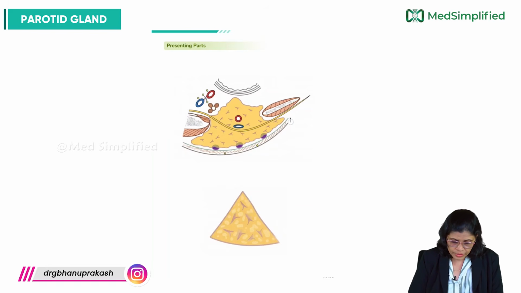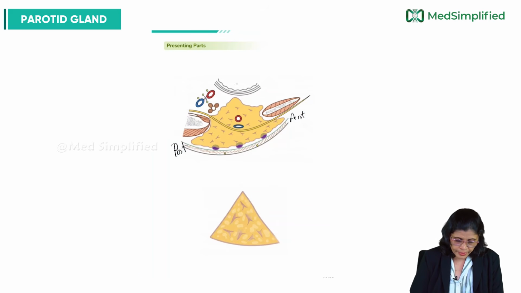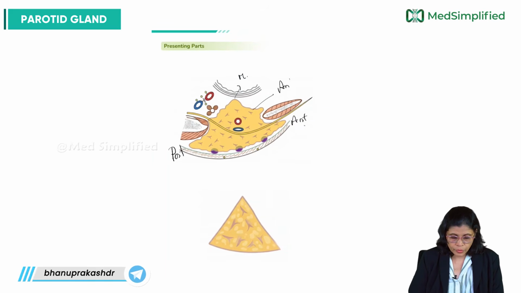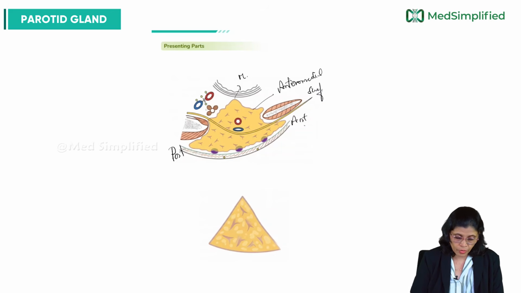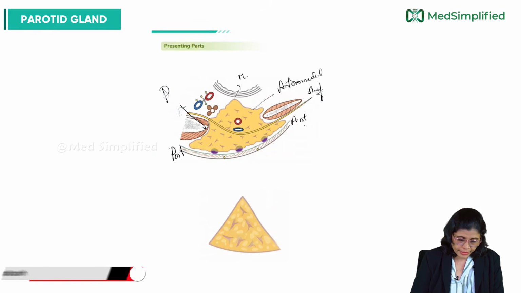When we take a section and see, this is how we will see the parotid gland. This will be the anterior border here. This is the posterior border. Here we will have the medial border. Between the anterior and the medial border, we will see the anteromedial surface. And between the posterior border and medial border, here we have the posteromedial surface.